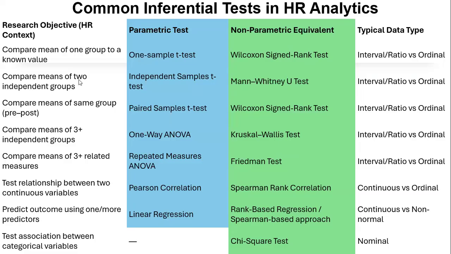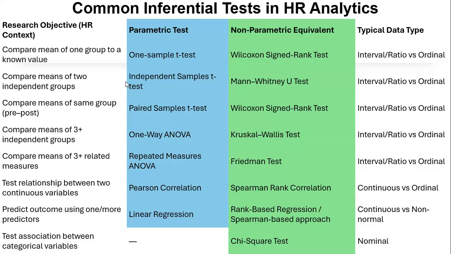The same can be said about whenever you are comparing means of two independent groups. So for instance, if you want to check whether males differ from females in terms of their performance, or maybe their attendance, their intelligence, their personality, then the type of parametric test that we can use is independent t-test.